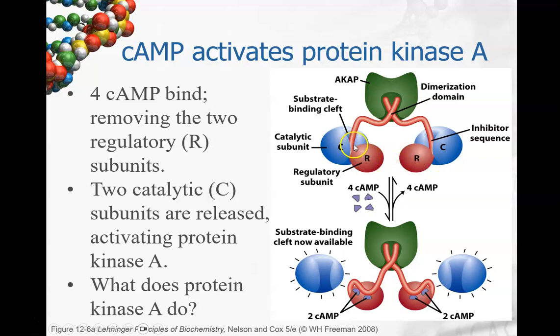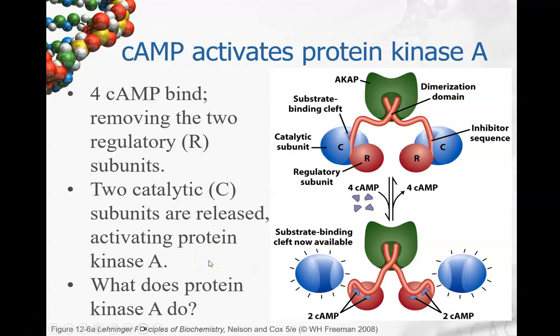This regulatory subunit plugs up the active site so that the enzyme's not active. But 4 molecules of cyclic AMP, 2 binding to one R subunit and 2 binding to the other, cause a conformational change that releases 2 copies of protein kinase A. So now protein kinase A is active.